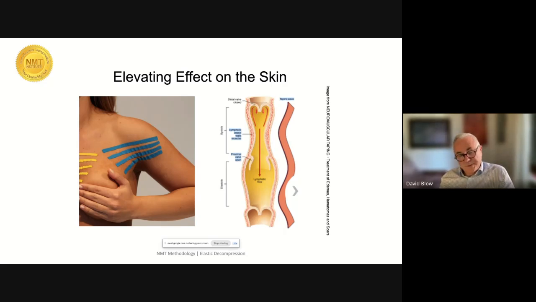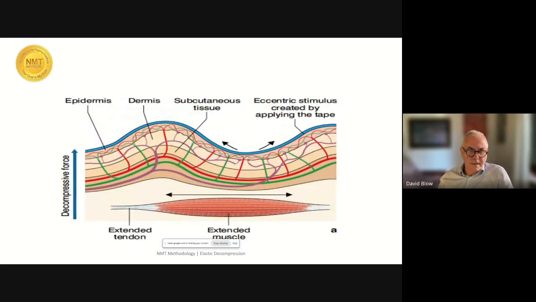In an extended position, it's not going to wrinkle. Consequently, through flexion and extension, we are going to continuously modify the local pressure, which is going to facilitate the movement of the lymphatic fluid, because lymphatic fluid moves because of a modification of pressure, and it is not static but dynamic.